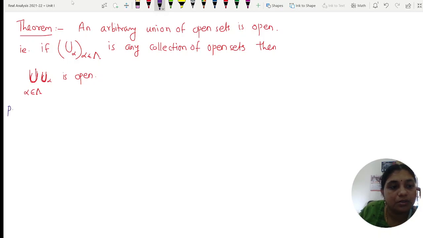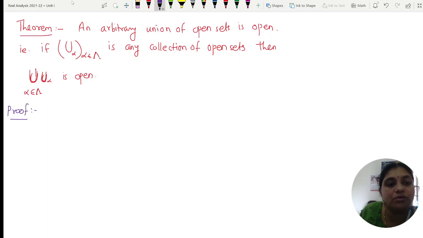So how to prove this? What is given? We want to prove an arbitrary union of open sets is open. Each U alpha is open and we want to prove their union is also open. We don't know what that union is, whether finite union; arbitrary union means any set you can take.